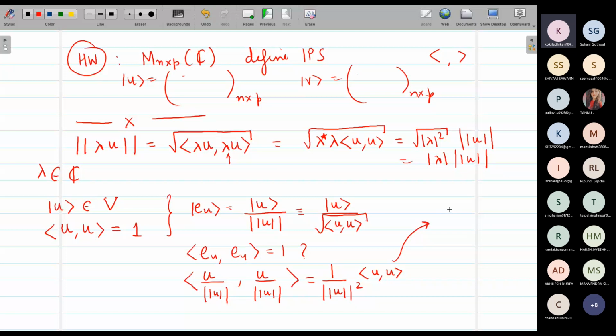The definition of the norm: u comma u in the numerator, divided by norm square of u. What is that? Norm square, u comma u. It is the inner product of two same numbers.